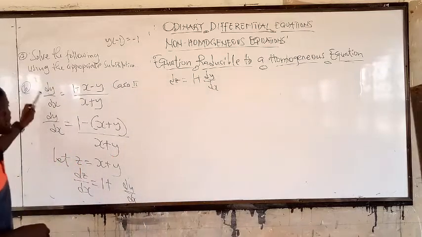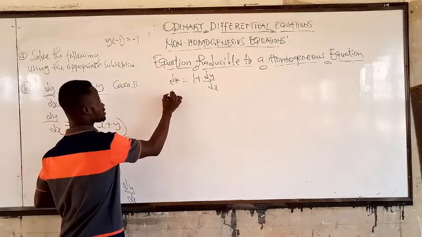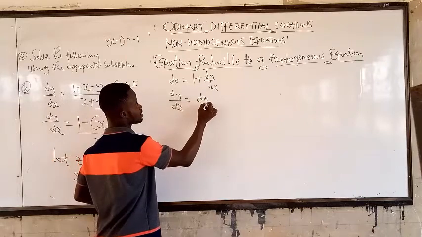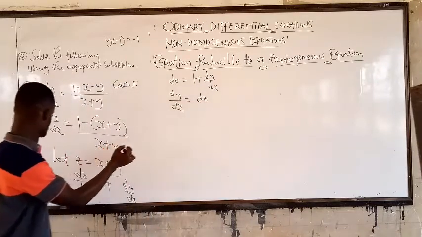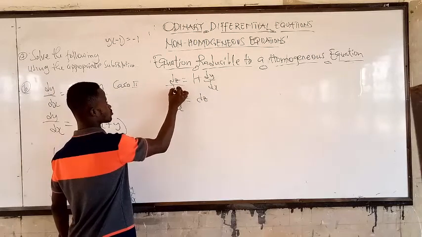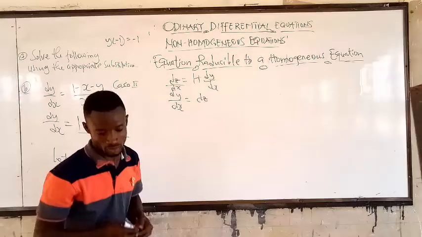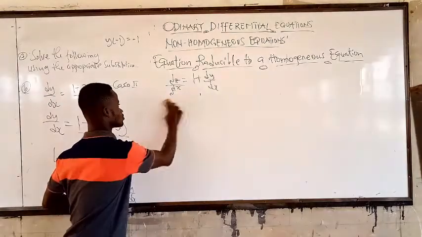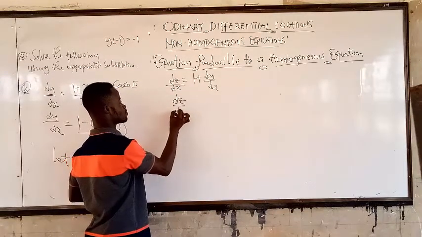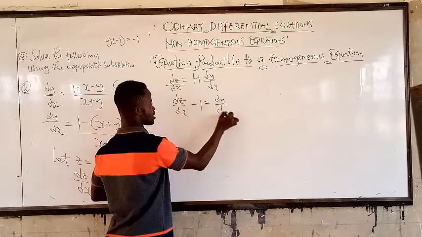So by making dy dx the subject, so that we can do our substitution, we get dy dx is equal to dz dx minus 1.